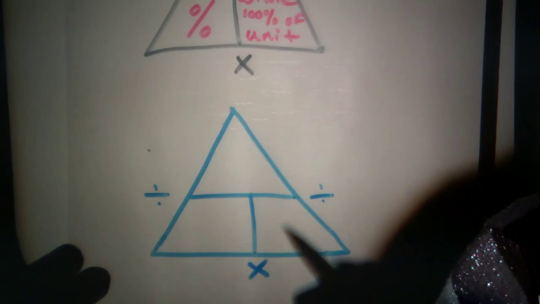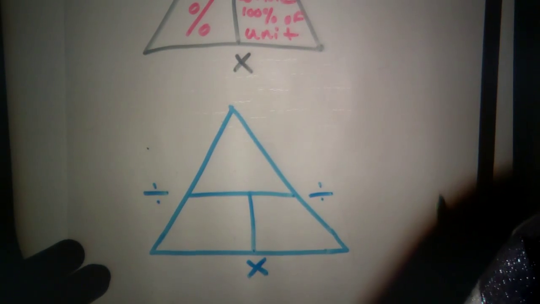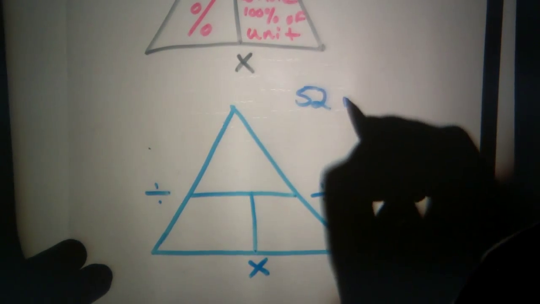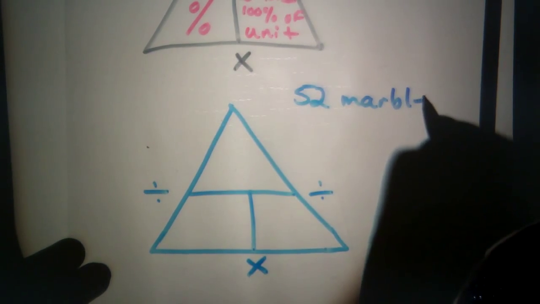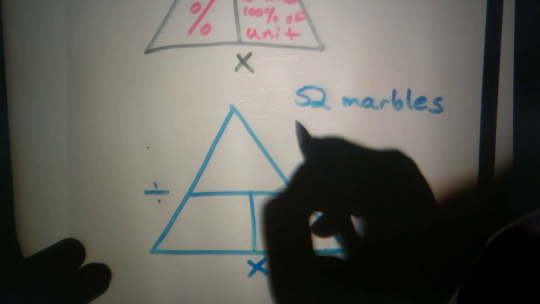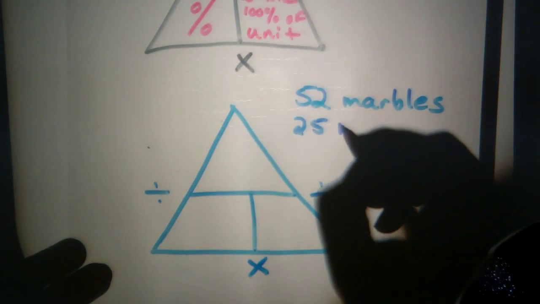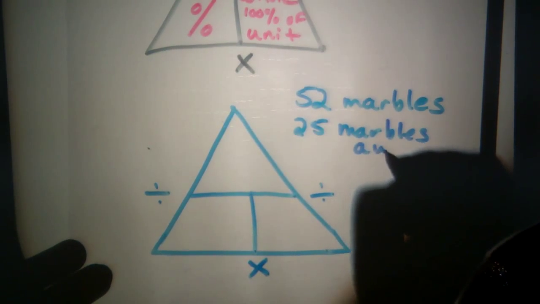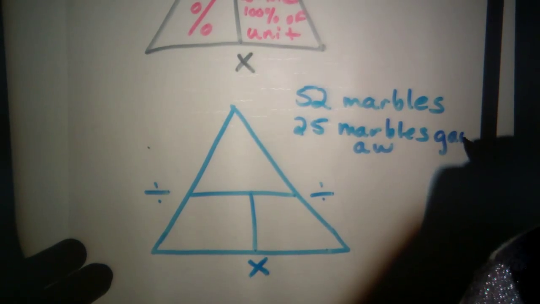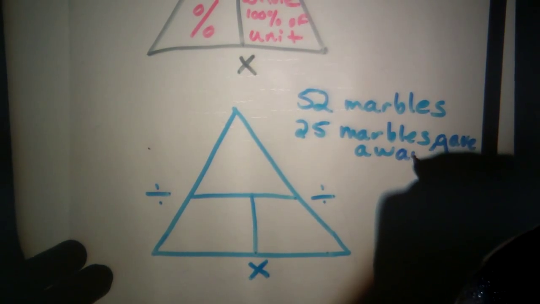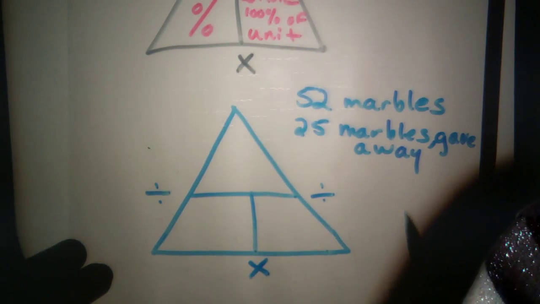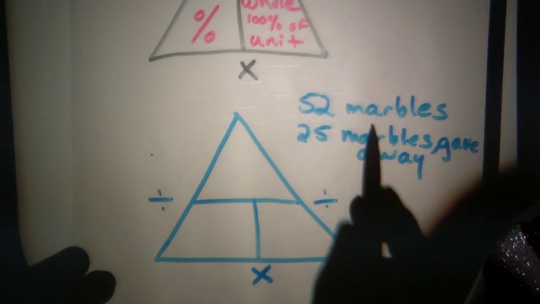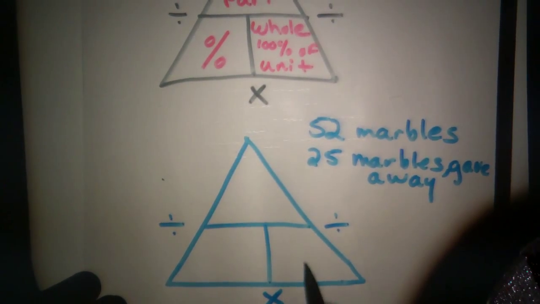So if I said that we started out with Charlie has 52 marbles. He gave 25 marbles away. All right, so 52 would be the 100% you start with.